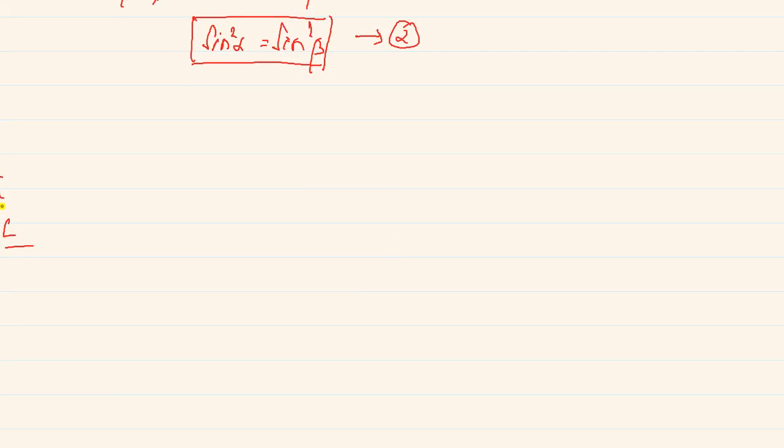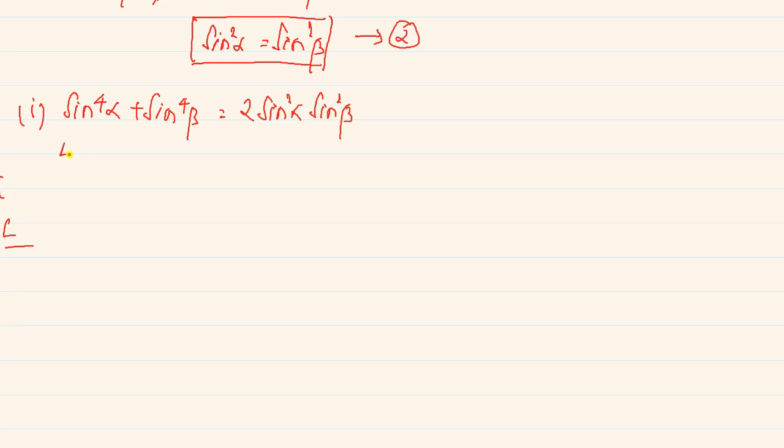So what you have to prove, now the first sum's problem is sin to the power of 4 alpha plus sin to the power of 4 beta is equal to 2 sin square alpha sin square beta.